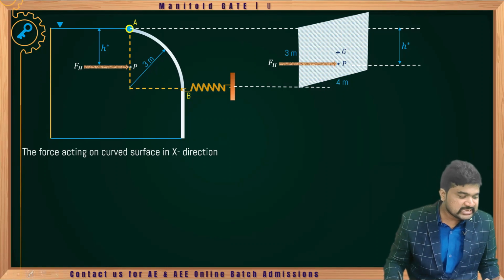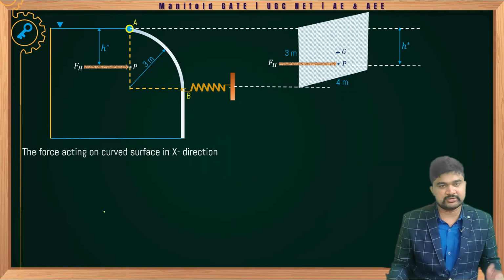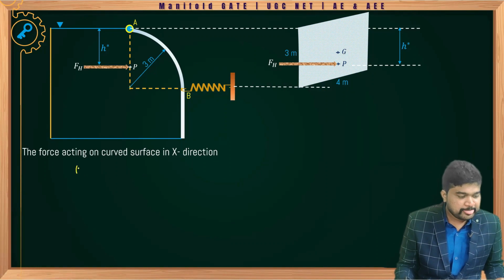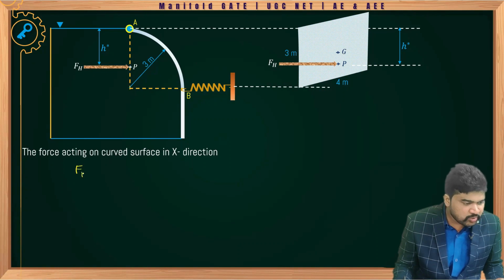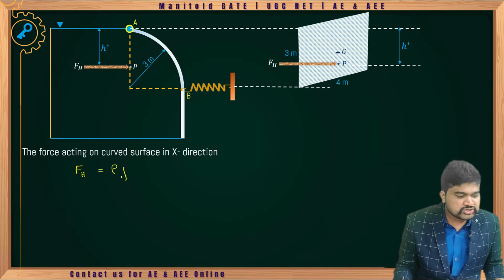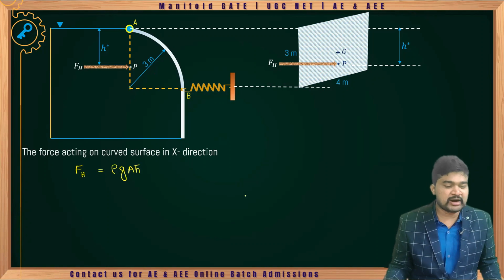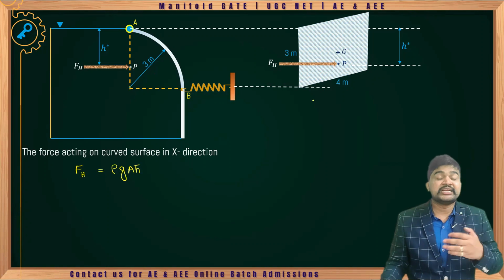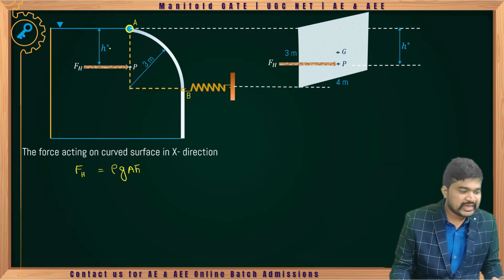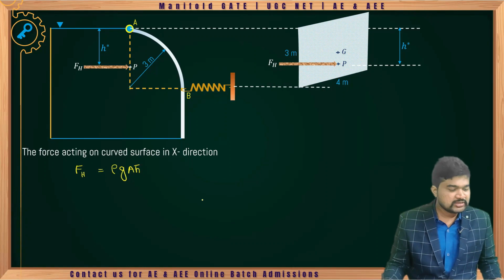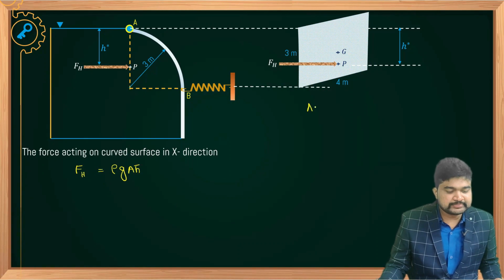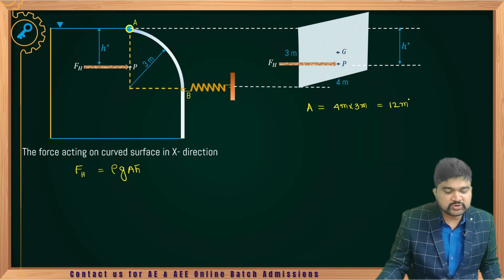Now, what is FH or Fx? FH equals rho g A h bar, acting at the center of pressure, so h star we need to determine. What is A? 4 meter into 3 meter, that is 12 meter square.